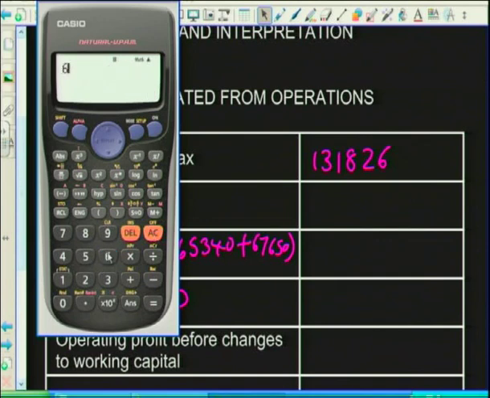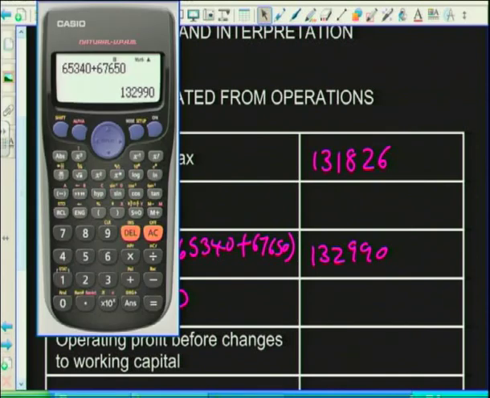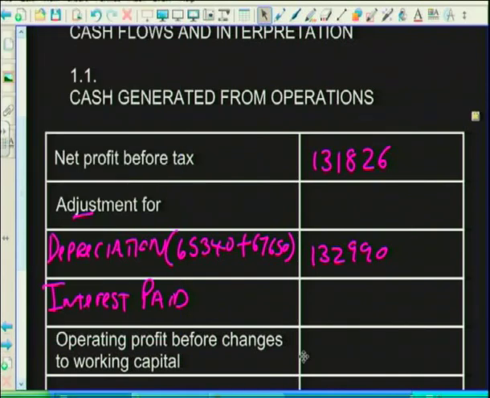So we are adding 65,340 plus 67,650 to give me an amount of 132,990. So let's enter that. Depreciation, 132,990. Let's just check that quickly. There we go.